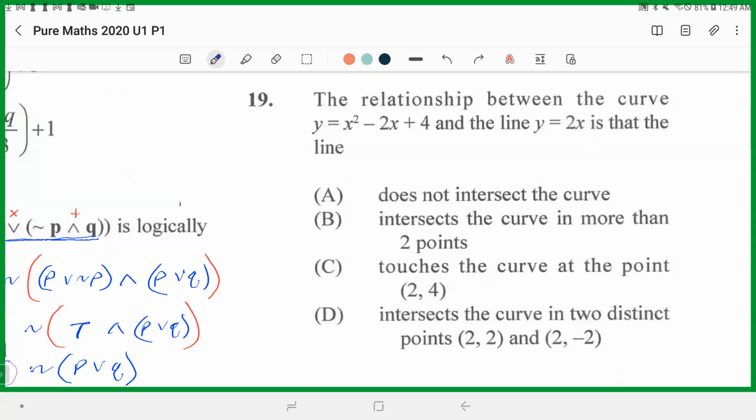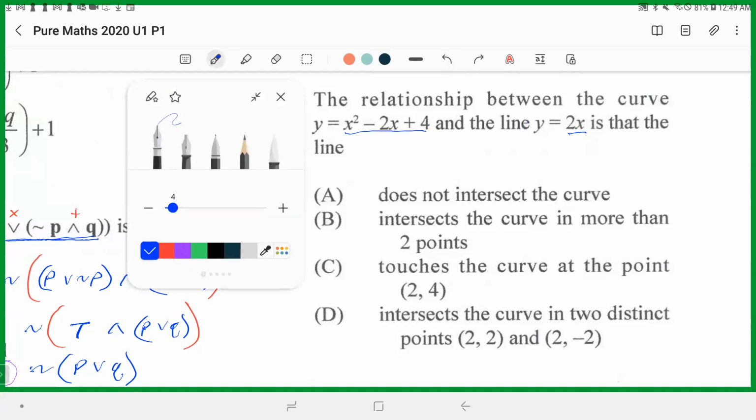At the point of intersection, this becomes equal to that, right? We could subtract them just to eliminate the y and get the equation at the same time.